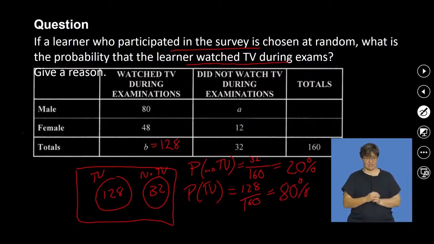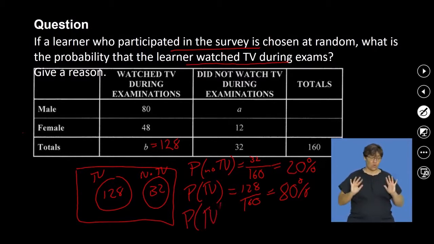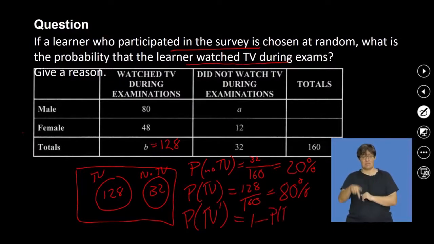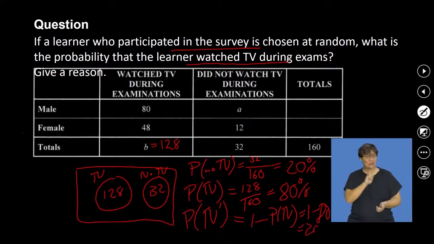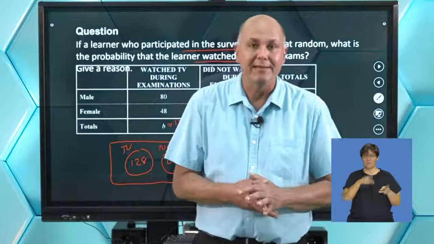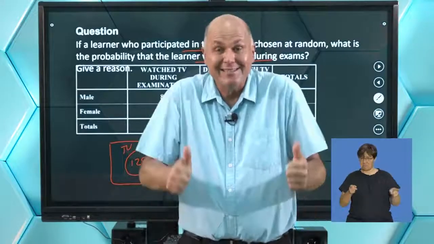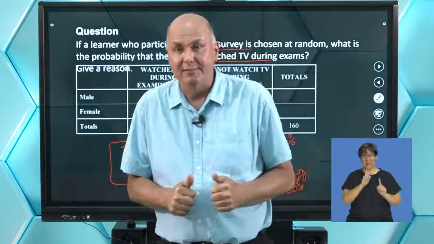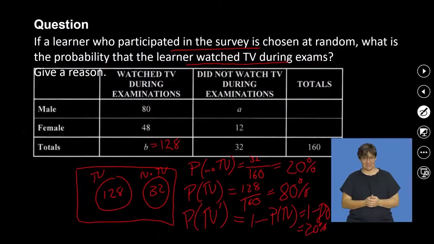The reason I'm doing that is I want to use the complement rule, which says that P of no TV, or the complement of TV, is equal to 1 minus P of TV. And I hope you can see that's 1 minus 80%, which is, in fact, the 20%. So we've got two answers using two different methods, and they both agree. Isn't that exciting? We've got the right answer. Okay, let's move on.